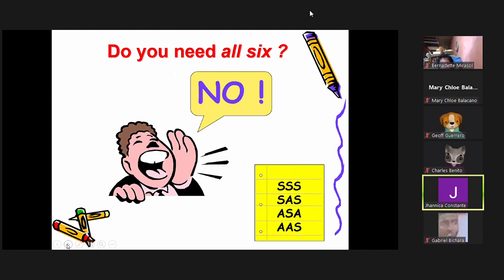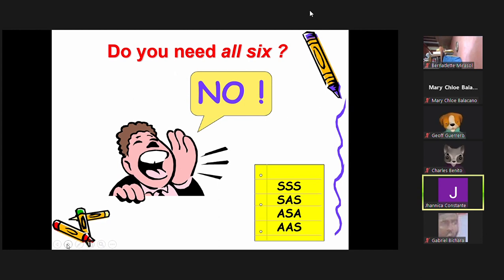We have the postulates which we call SSS, SAS, ASA, and AAS. We have 4 theorems or postulates that we use to prove that the two triangles are congruent.